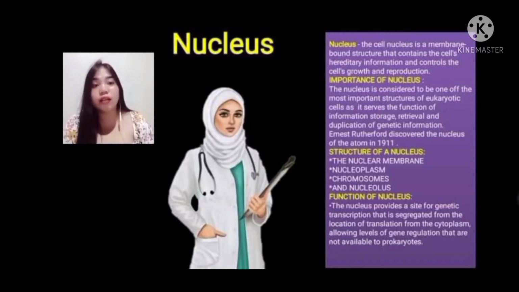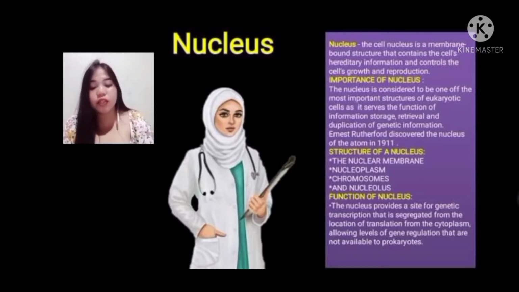So there are structures of a nucleus. The first one is the nuclear membrane. It is a double-layered structure that encloses the contents of the nucleus. The outer layer of the membrane is connected to the endoplasmic reticulum. Second is nucleoplasm.